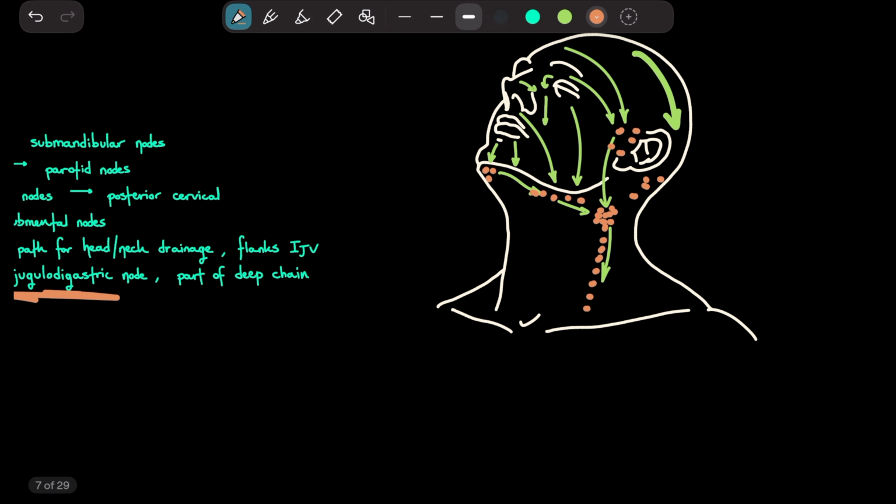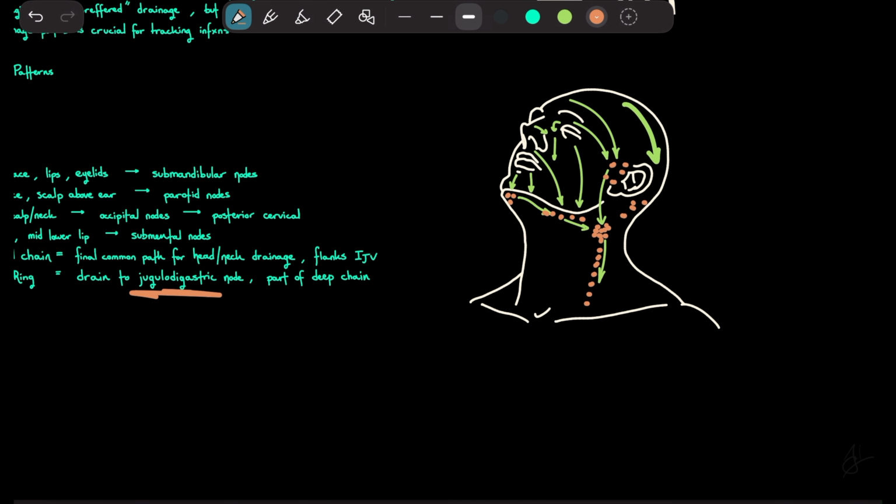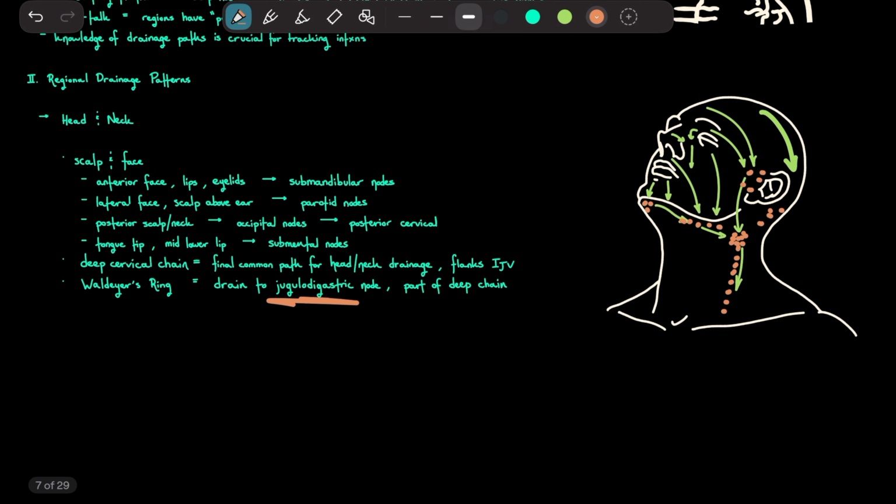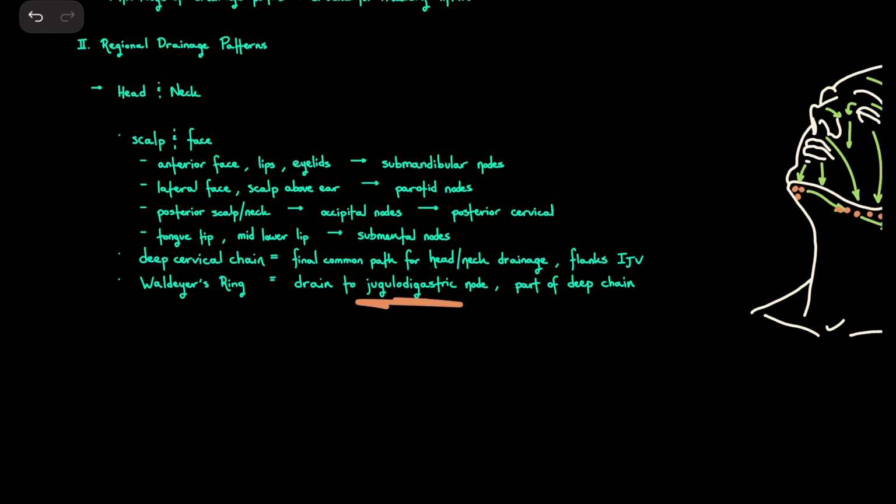So that's going to be near the internal jugular vein, hanging off of sternocleidomastoid. And that's just a big collection point in the deep cervical chain where all this drainage is happening. So your tonsils are going to drain into here. There you go, right here. Waldeyer's ring is the fancy name for all of the tonsillar tissue.